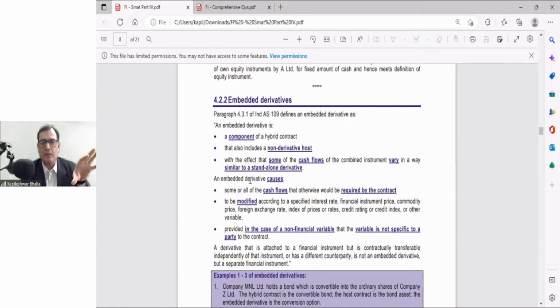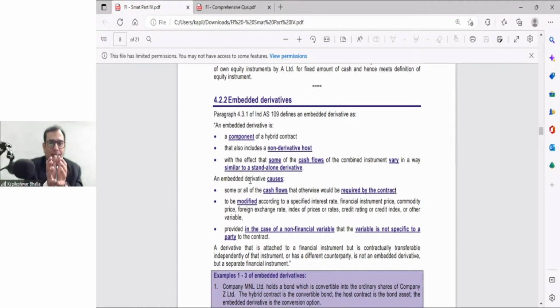Buying a PPE in a functional currency is a non-derivative host. Selling a PPE in a functional currency is a non-derivative host. And it also includes a derivative, which is the element of the exchange rate movement.